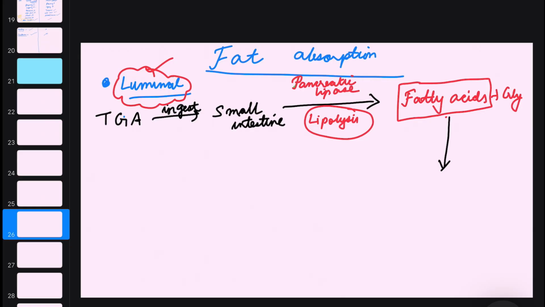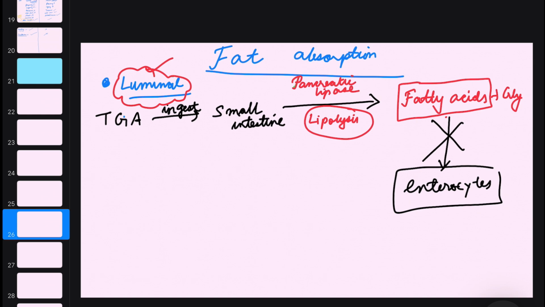What is the problem? Problem is, fatty acids will not be able to pass into the enterocytes. Just like that, they won't. I need to convert these fatty acids into something, and then those something can then be absorbed by the enterocytes.